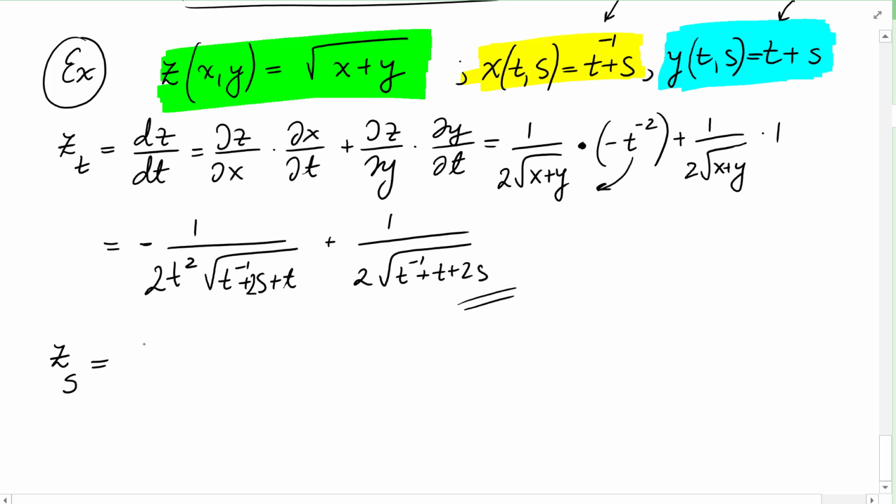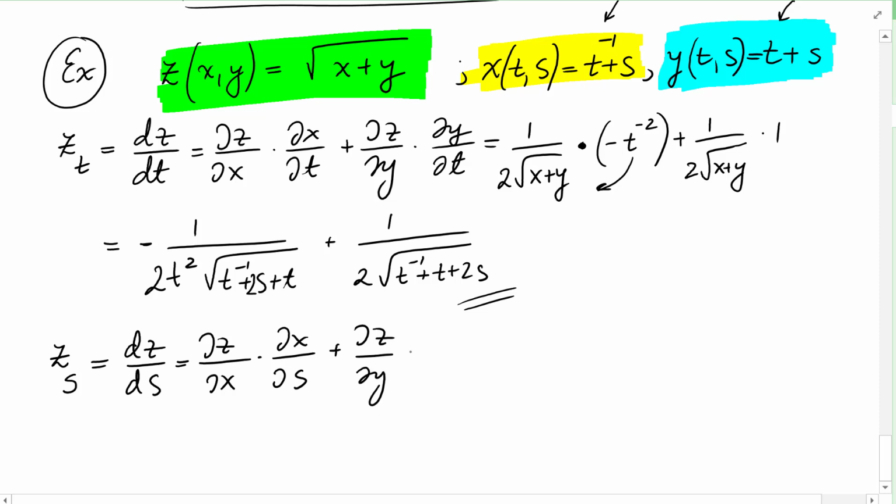Now dz/ds is dz/dx times dx/ds plus dz/dy times dy/ds. So dz/dx, again, we went through that, it's the same thing, so it's 1 over 2 square root of x plus y times dx/ds.